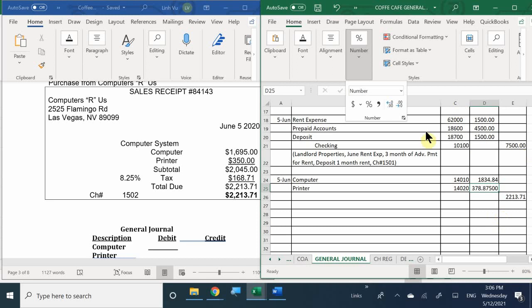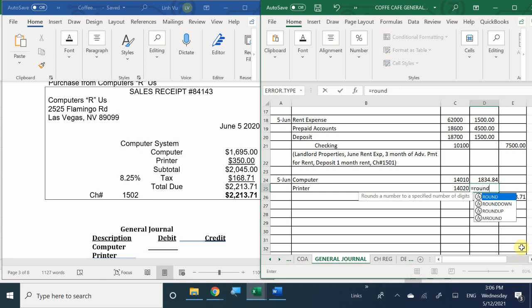So in this case, wait, you rounded it. For some reason, it should be equal. There shouldn't be any discrepancy here. So 350 times 1.0825. You shouldn't have any rounding issues here because, oh wait, yeah, you do.